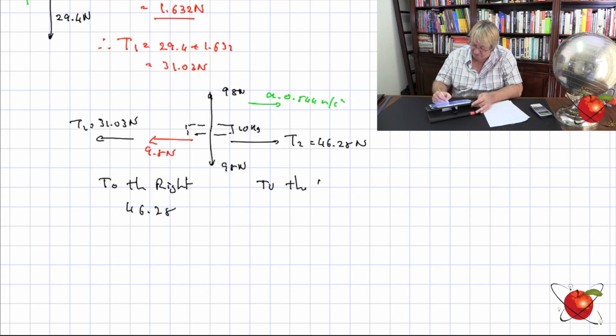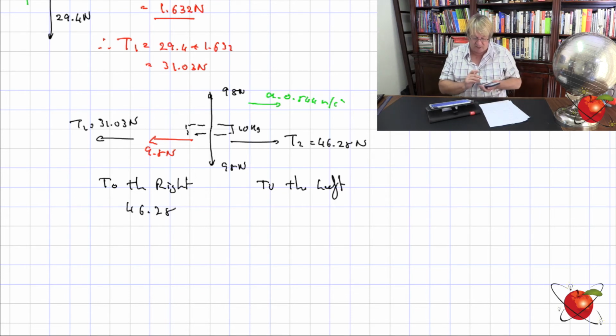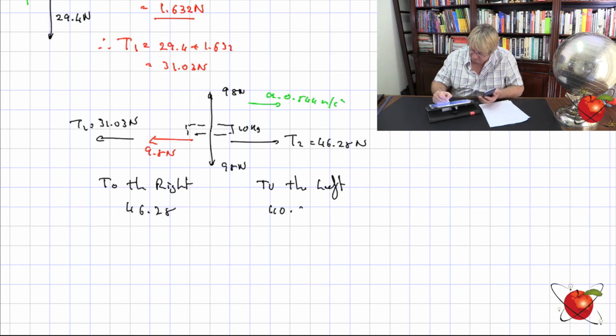To the left is going to be 9.8 plus 31.03. Let's have a look. 9.8 plus 31.03 is going to be equal to 40.83. So yes, my force to the right is more than my force to the left, so the block will move that way. So it confirms the direction.